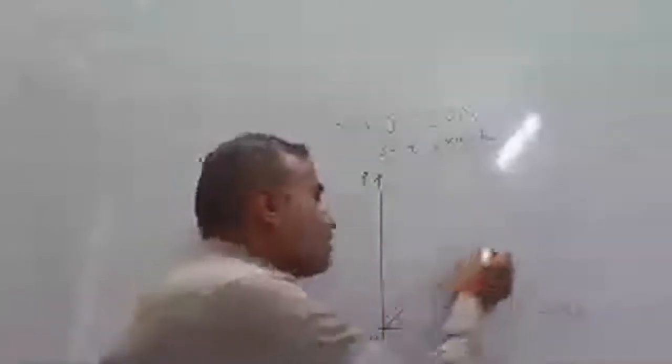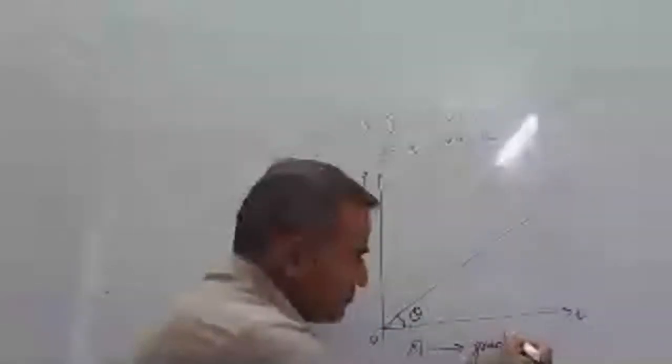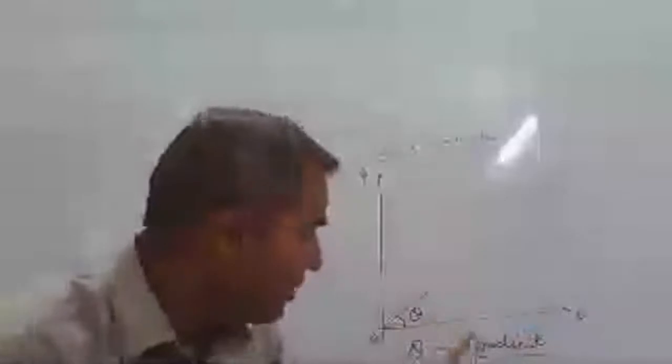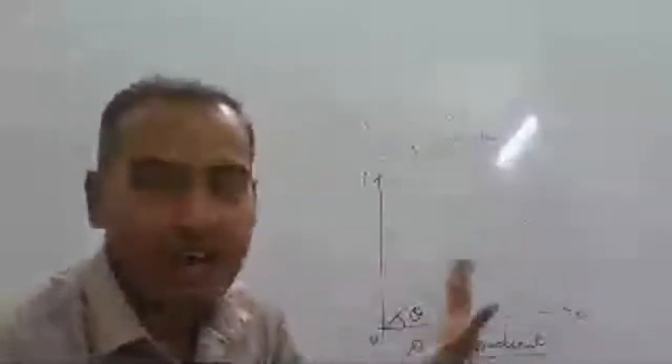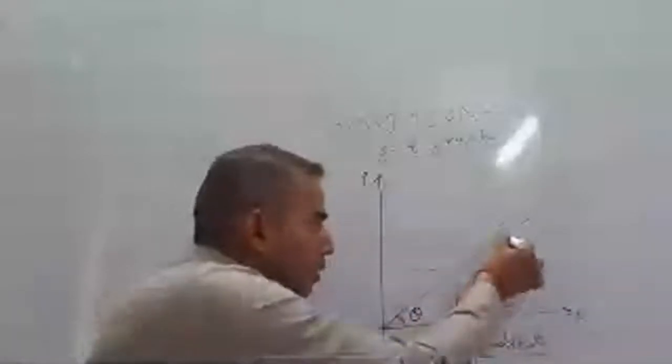But in a time and position graph, this angle and this gradient explain the velocity of the particle in the position-time graph. Always angle theta.